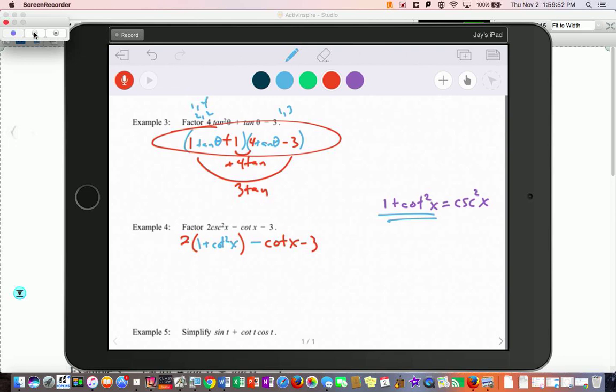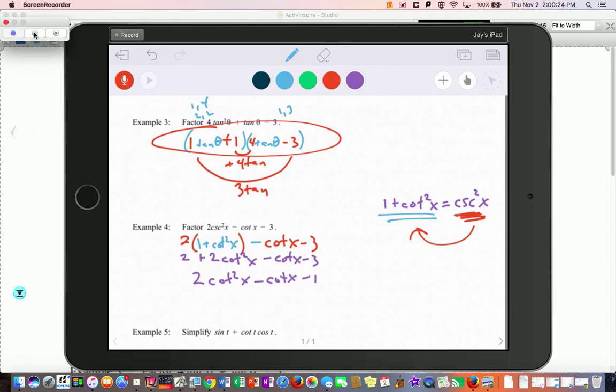So notice how I replaced the cosecant squared with that in my problem. Now I only have cotangent in the problem. So if I distribute, I have 2 plus 2 cotangent squared of x minus a cotangent of x minus 3. These are like terms. So now you have 2 cotangent squared of x minus a cotangent of x minus 1.